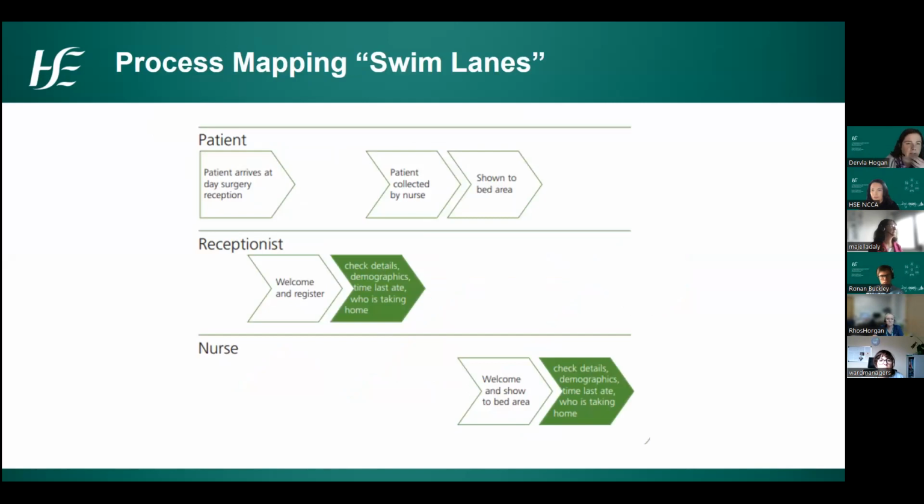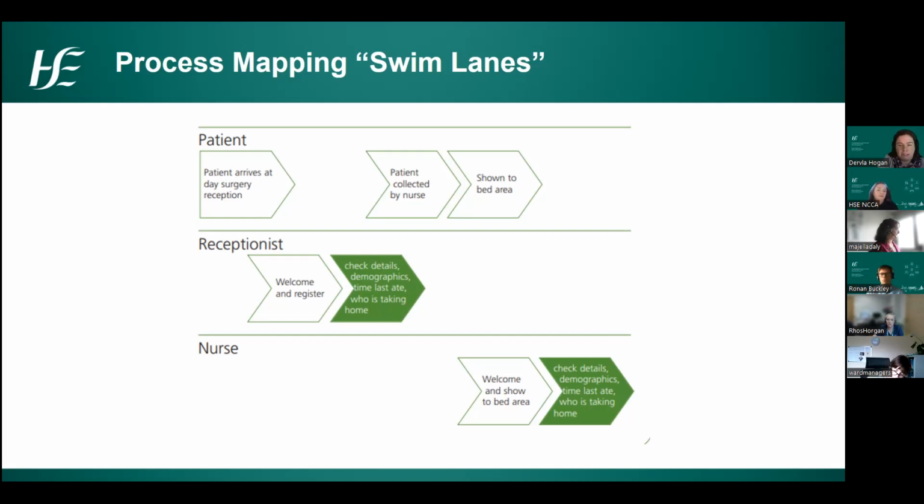So the other piece that you could utilize is process mapping and utilizing swim lanes within process mapping. So this really allows you to walk the process from end to end, and it maps out each stage of the process by placing the events into lanes, but these lanes are aligned to people involved in the process.